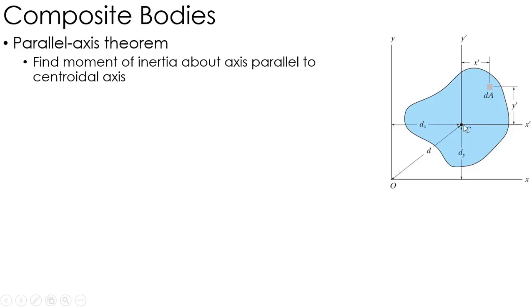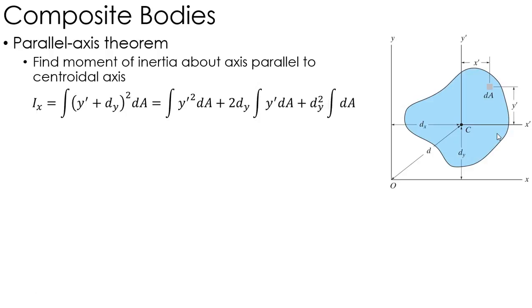For example, if I have the x prime axis going through the centroid, and I want to find the moment of inertia about this x-axis, which is parallel to the centroidal x prime axis, we use the same definition as before, but instead of y, going from x all the way up to this dA, it's both d_y plus y prime. So I have the integral of (y prime plus d_y) squared times dA. Using the FOIL method, I get a y prime squared, a 2 d_y y prime, and a d_y squared, all times dA, and I separate that out into separate integrals.